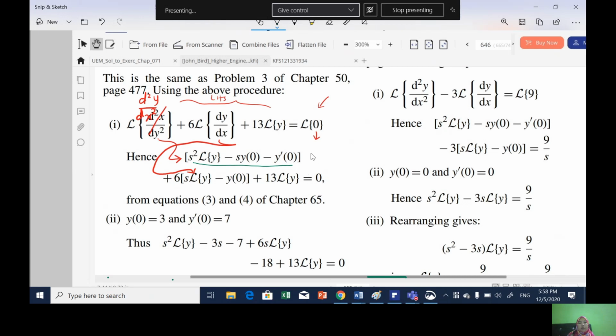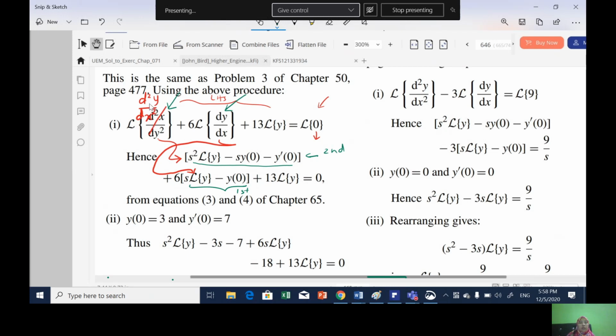This is for the second order differential equation, and this is for the first order differential equation. Remember the one that I put the arrow on. You are supposed to use this given transformation. I'm going to explain.